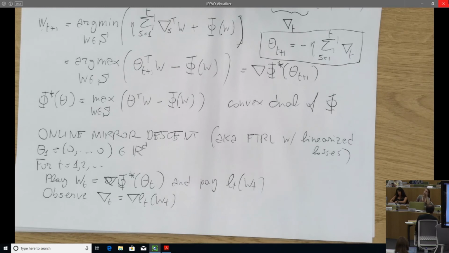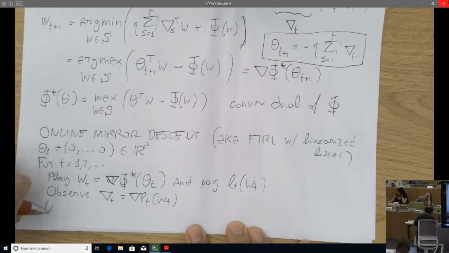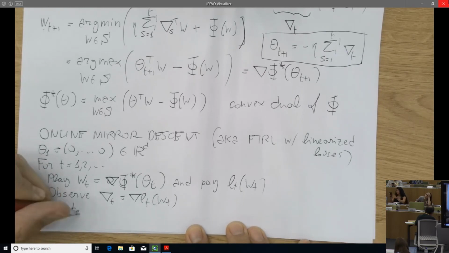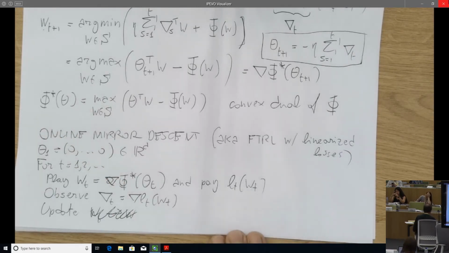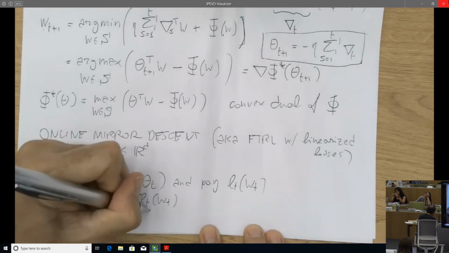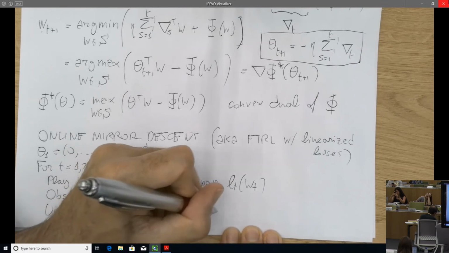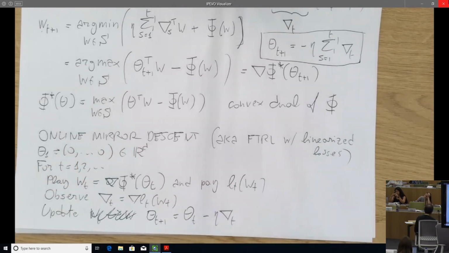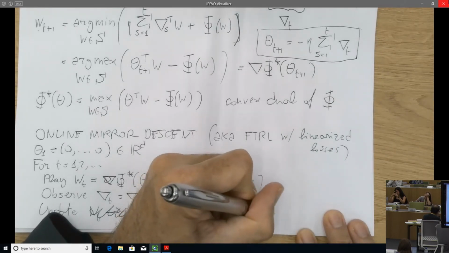So this is our full information assumption. And then we update our decision. We know how to do the update: we just have to update the gradient. So theta_{t+1} equals theta_t minus eta times the gradient at t. We just accumulate one more gradient in our accumulator. This is really a gradient step.